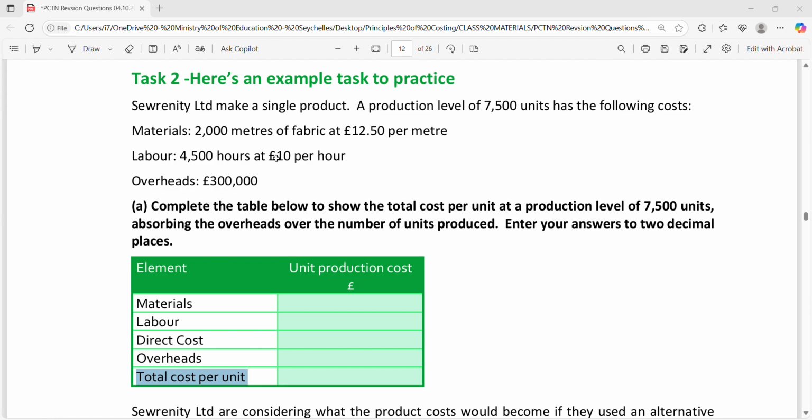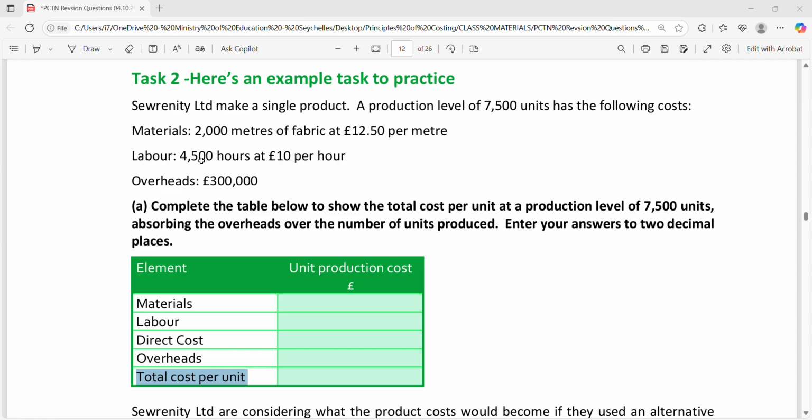Okay. Now, the cost per unit here, remember the number of units being produced are 7,500 units. So you need 25,000 in terms of material to produce 7,500 units. You need 45,000 to produce the same 7,500 units. And you need 300,000 to produce the same 7,500 units.